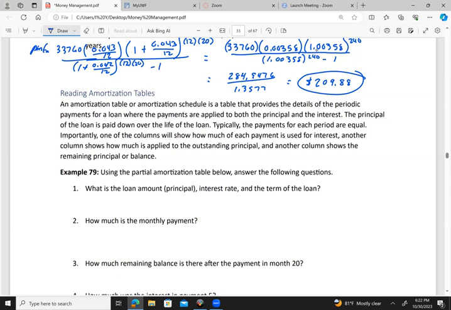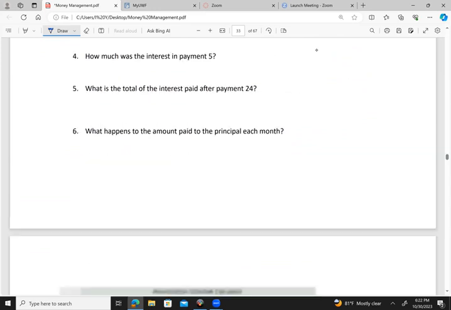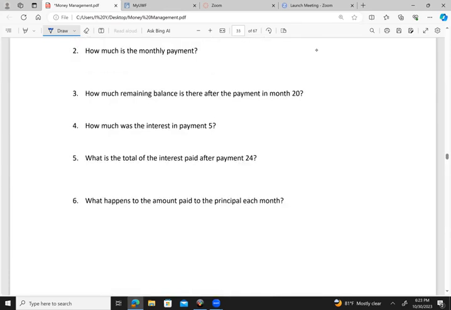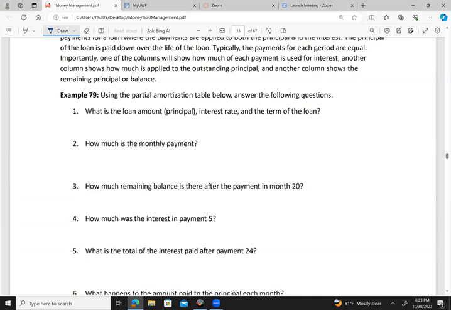So let's take a look at this table and see what we can see. Well, we see the initial loan amount, we see the interest rate, we see the term in years, we see the monthly payment. So let's see what questions we have here. What is the loan amount, interest rate, and the term of the loan?